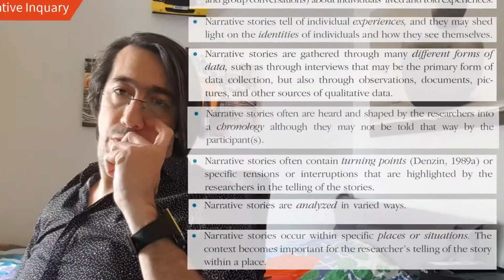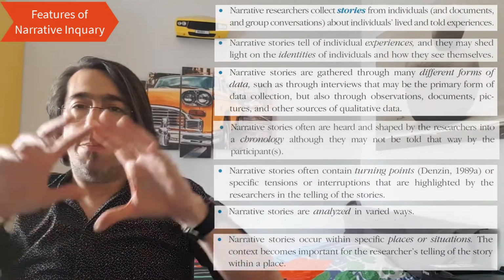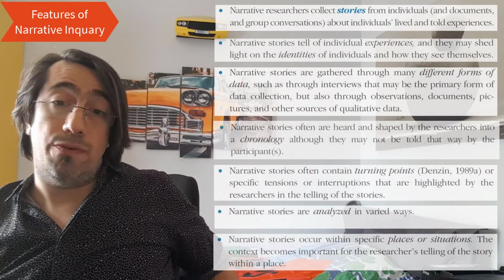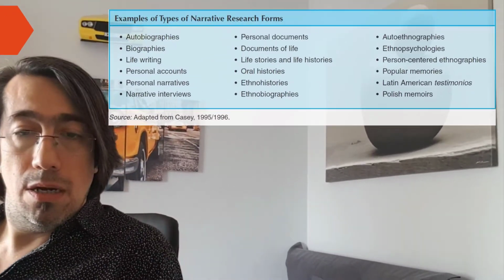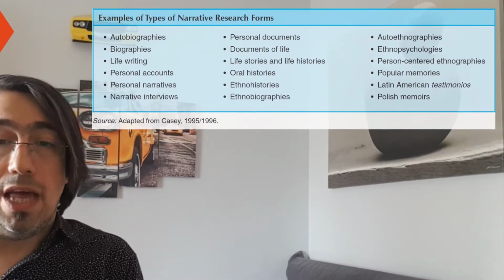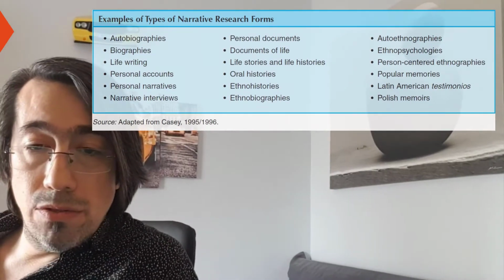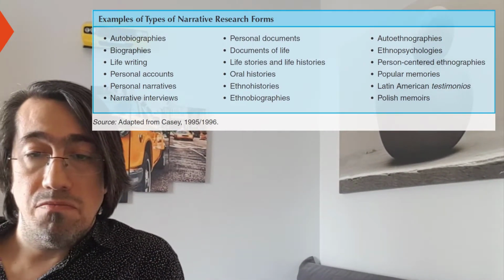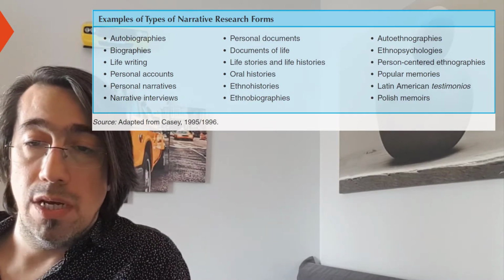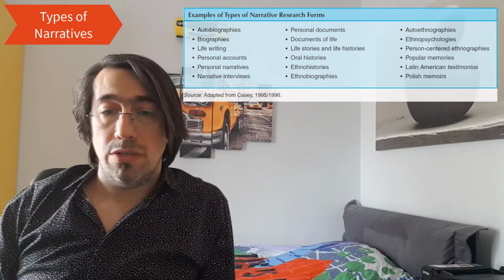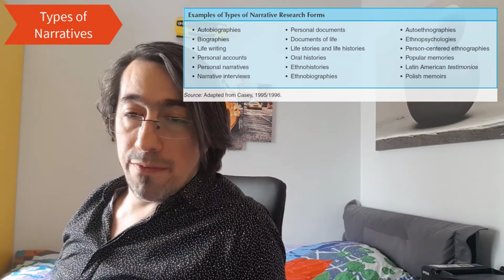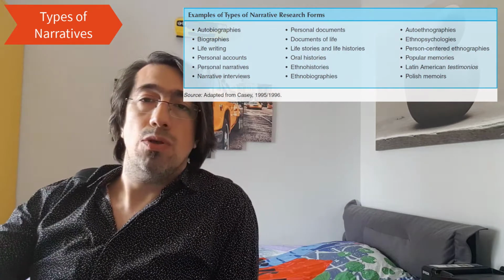Let me give you some main types of narratives. There are lots of narrative research forms. These are some examples: biographies, autobiographies, life writing, personal accounts, personal narratives, narrative interviews, personal documents, documents of life, life stories and life histories, oral histories, ethno-histories, ethnobiographies, autoethnographies, and so on.